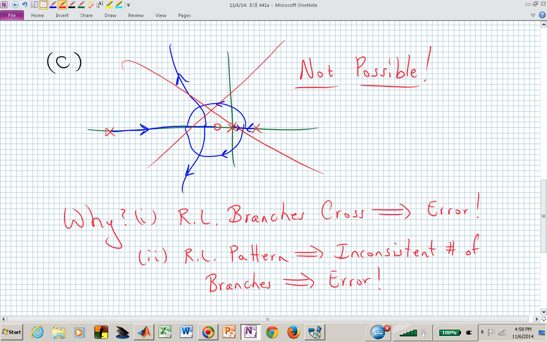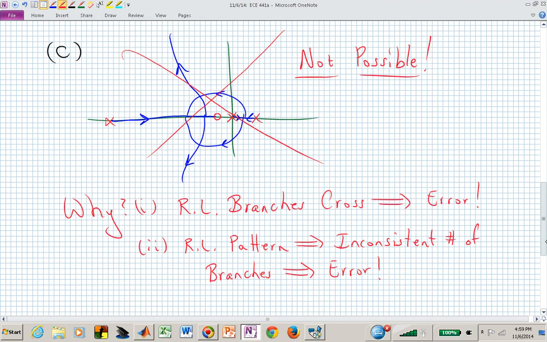Or, if you start following the branches around, you have an inconsistency: the branches don't make sense relative to how 2 branches come together and produce only 1 branch coming away. So that's another source of error.